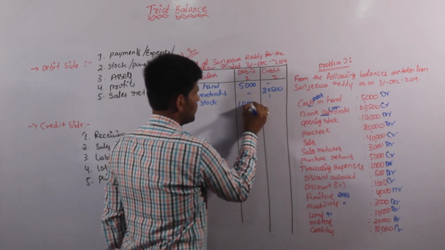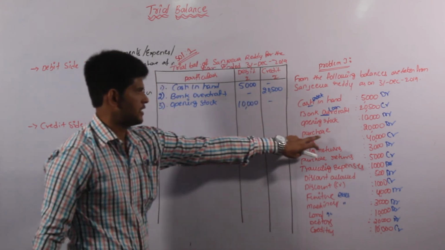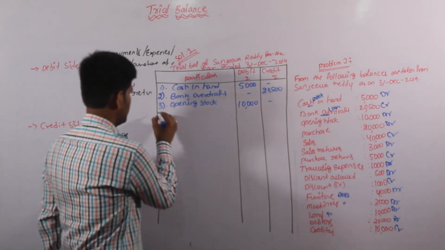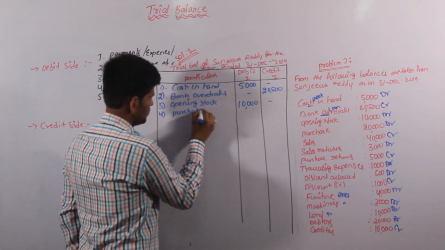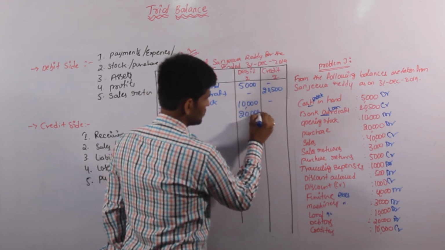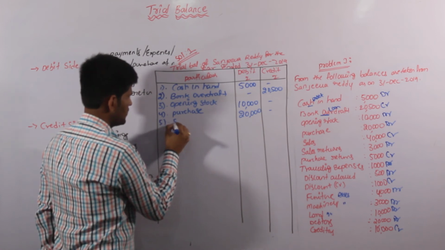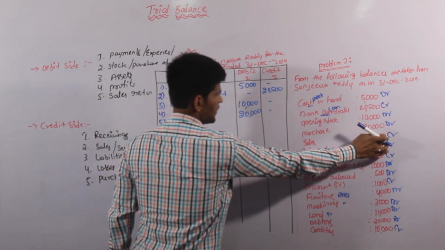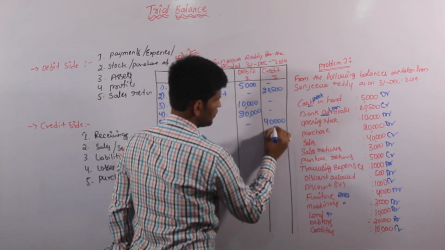In the debit column, we have to enter the amount. Next one, purchase. Purchase is on the debit side. Next, sales. Sales is on the credit side. In the credit column, we have to enter the amount 40,000.